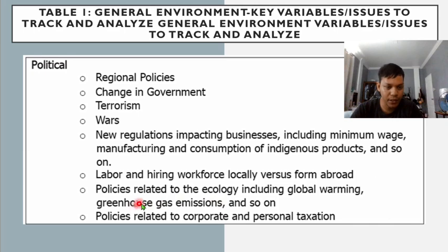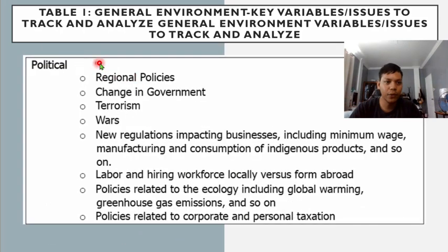That is also why business owners in the automobile or car industry are affected by these policies to avoid or minimize greenhouse gas emissions. So there are some modifications to parts of their products or their cars. And also there are policies related to corporate and personal taxation. This is what I have mentioned a while ago.